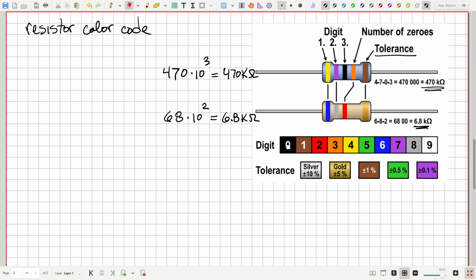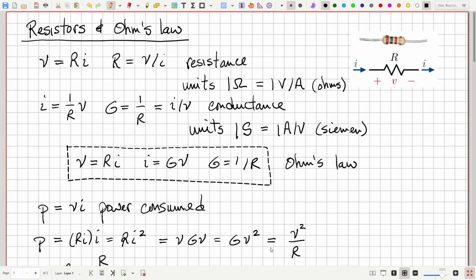Let's see. Black is 0, brown is 1. If we go back to our original picture of our resistor here, what is this resistance value? Well, we've got brown, that's 1, black is 0, and brown, and then gold, that's 5%. So 101, well, that means 10 times 10 to the 1, which is 100.